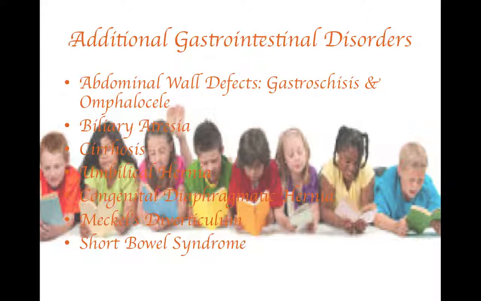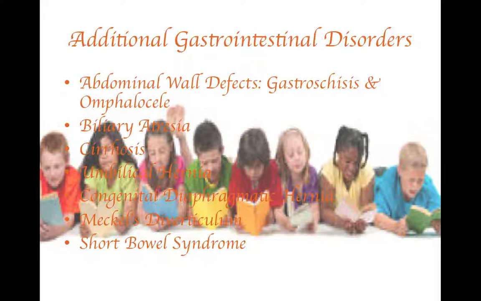Two accepted surgical techniques for these defects are a primary and a staged repair. The primary repair is the procedure of choice if the exposed abdominal contents will fit into the abdominal cavity. If not, a staged repair is performed. A synthetic material is used to create a sac to cover the abdominal contents. The bowel is then gradually returned to the abdomen over the course of 7 to 10 days. The abdominal wall is closed in the second surgery.